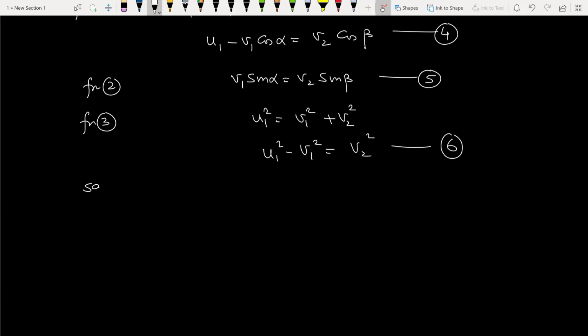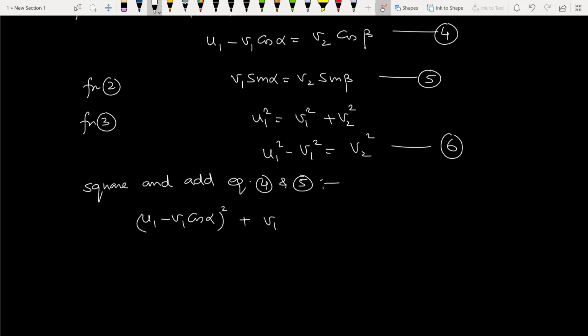So square and add equations number 4 and 5. So it is u1 minus v1 cos alpha, v1 sin alpha, v2 cos beta, v2 sin beta.